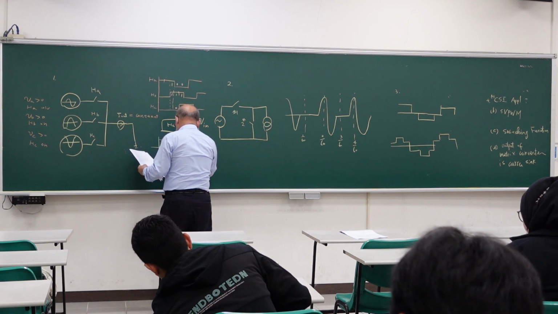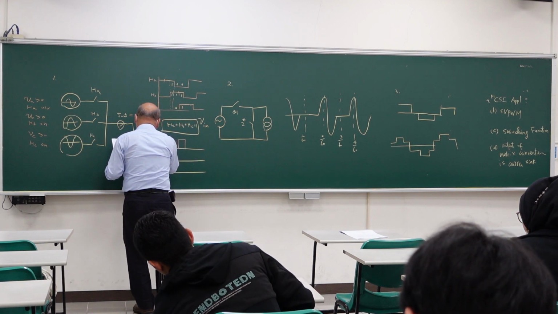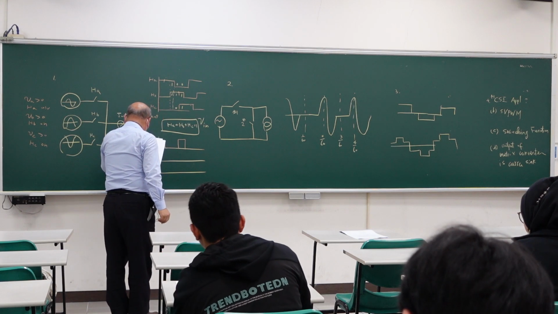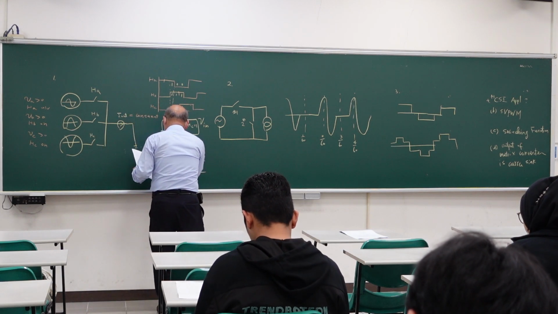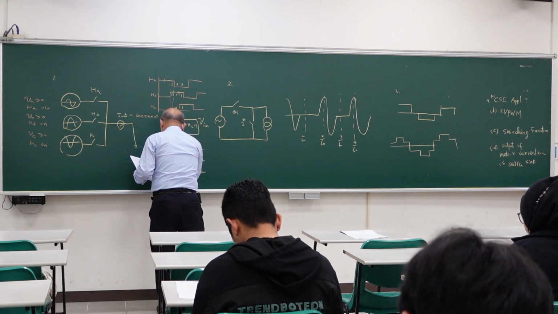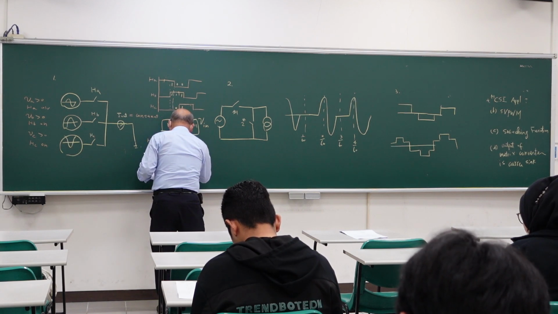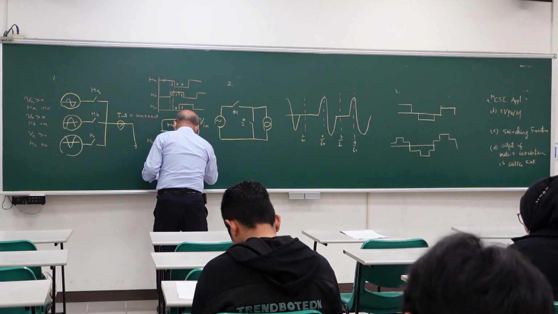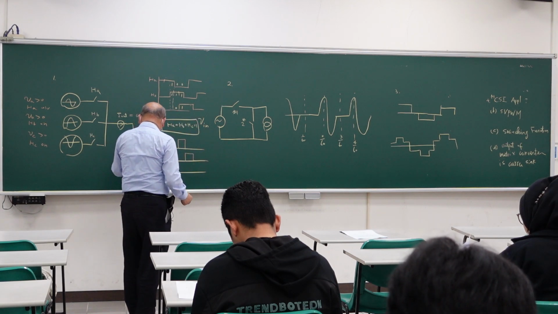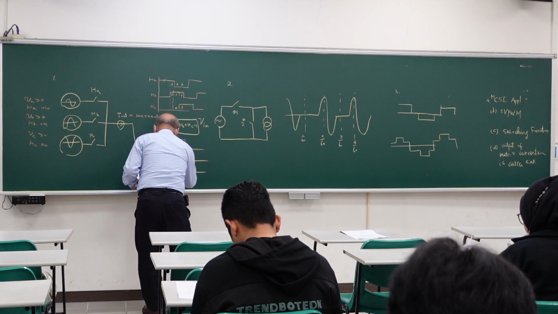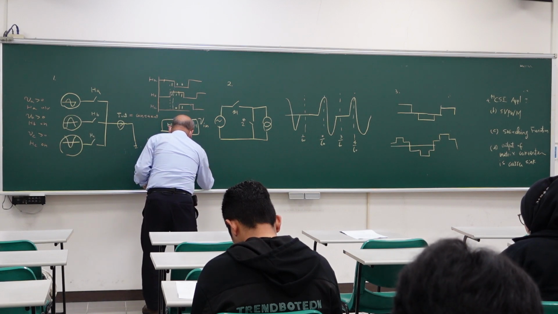HA here, so this is HA. And then we have HB here, and HB here. Then we have HC here, and HC here.